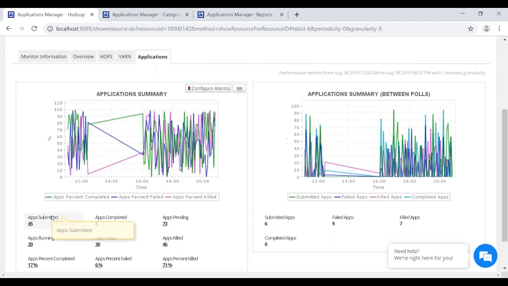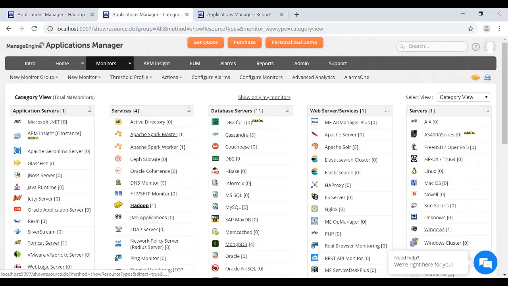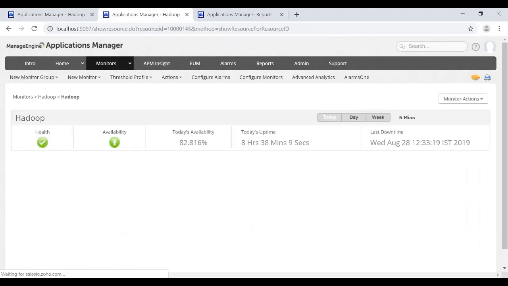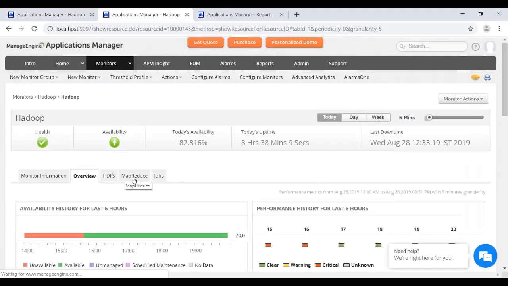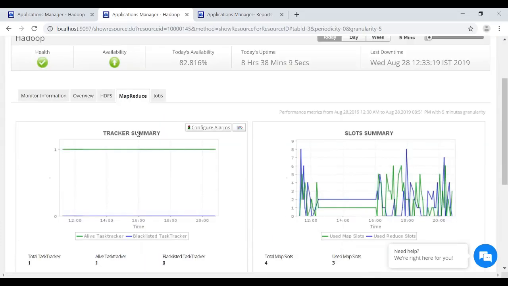Let me just take you to this box here and show you the details in Hadoop version 1. Primarily, the only difference we'll find here is the MapReduce. You can see here when we're talking about version 1, the MapReduce summary is over here, the tracker summary and the slots summary.